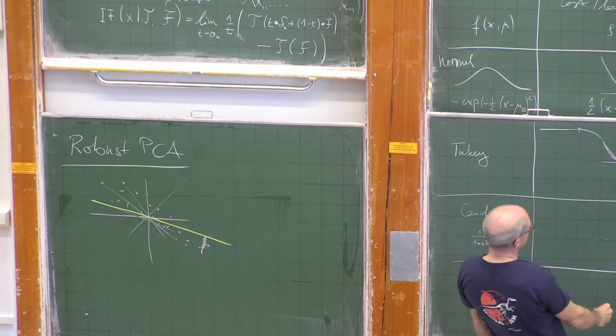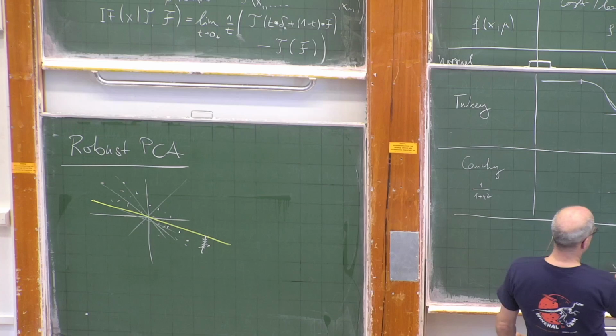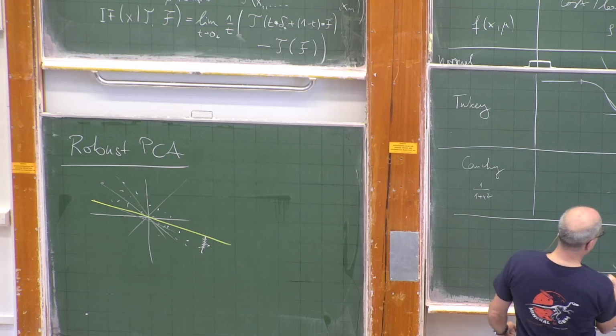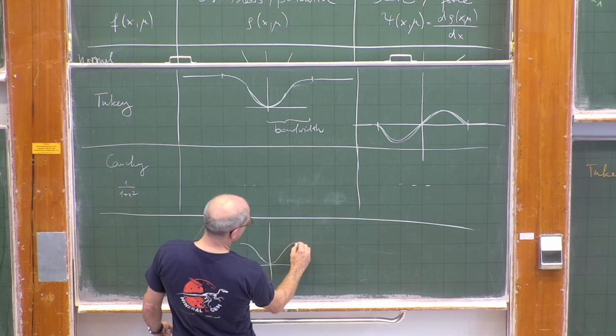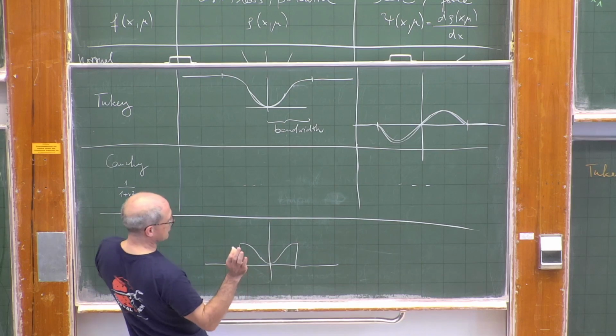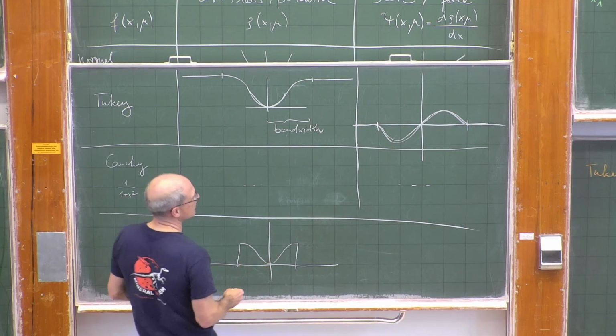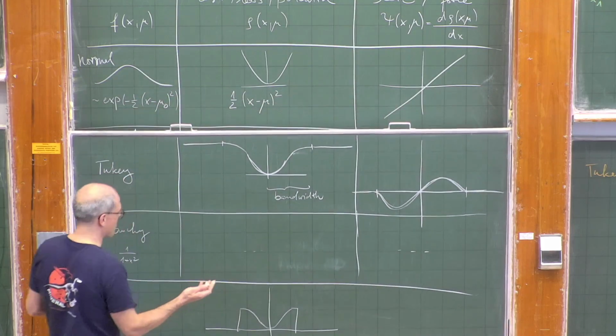I could invent some function that goes up, and then beyond some bandwidth, I could just say my spring breaks, and it doesn't even contribute at all. For example, people don't really use this, but this would also be very robust.